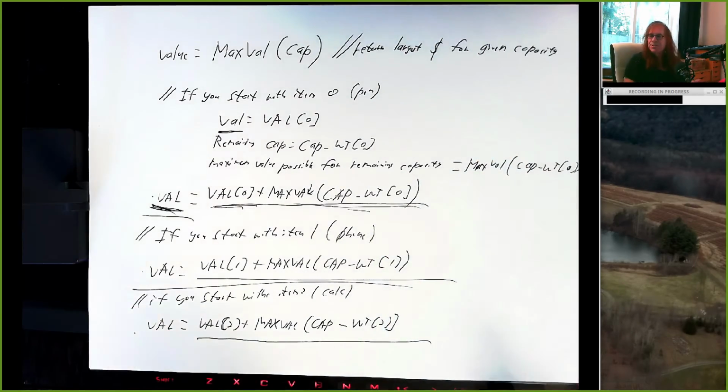Whichever one is largest, that's the best maximum value we can get out of this bag. And that will be the value of the maxval function. So we'll run through this with some numbers in a second, but any questions up to this point?